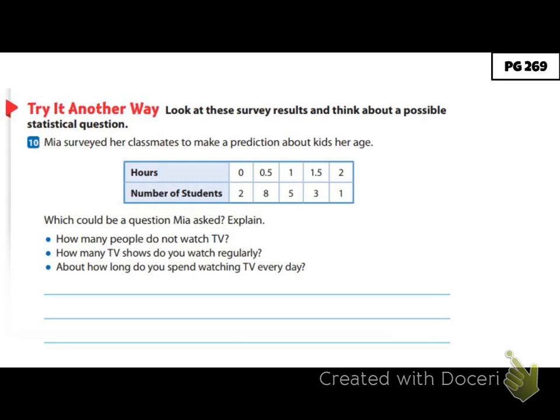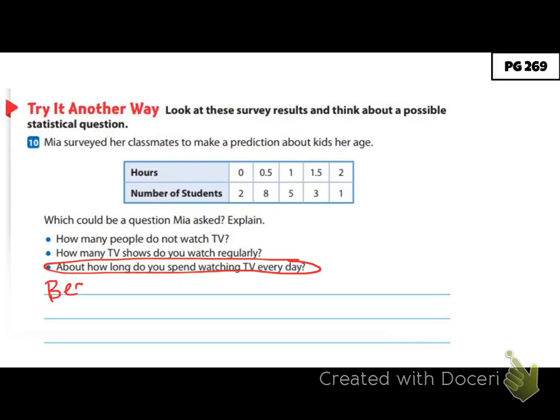All right, so which one of these could be a question she asked? Well, we're dealing with hours and the number of students who do something during that hour. So if we're looking at that, she probably asked the bottom one right here. About how long do you spend watching TV every day? Because that would be measured in hours, and then you could have which students watch that much TV for each amount of time.